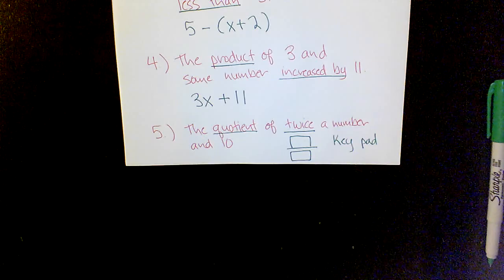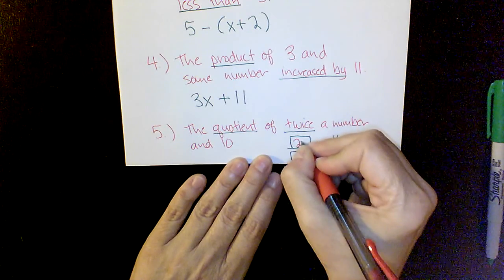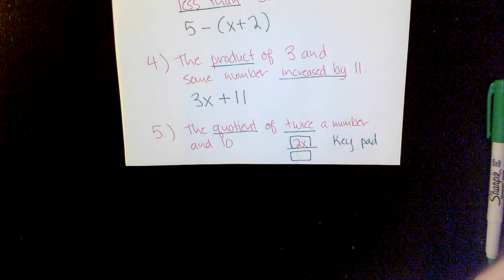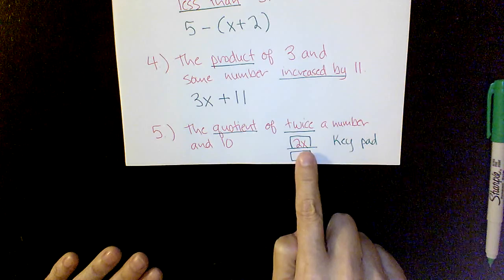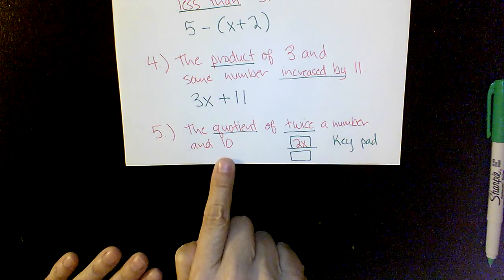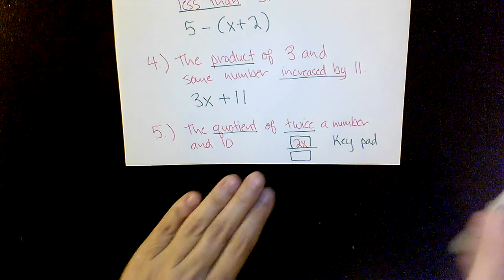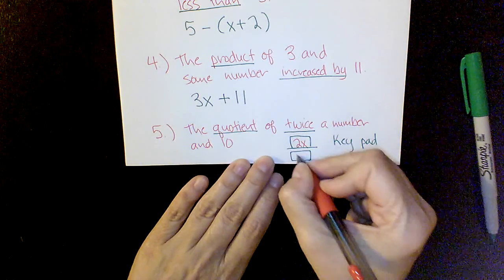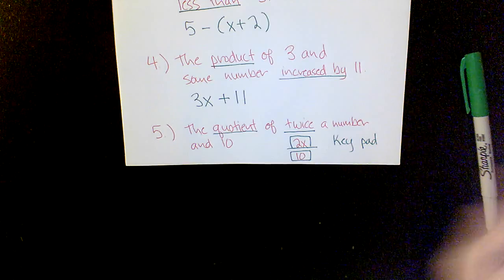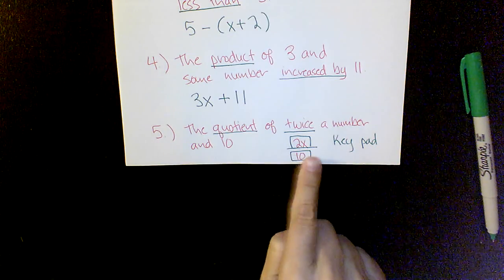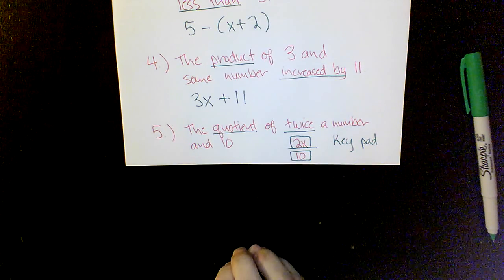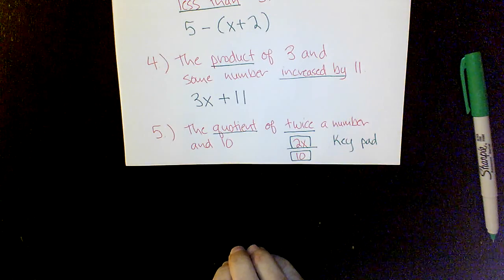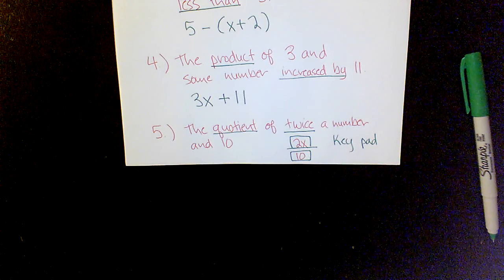So I'm going to put this in the top. I'm going to say 2x on the top. The quotient of twice a number, that's my 2x, and 10. So 10 is going to go in the bottom. So I'm dividing 2x and 10. So it's 2x over 10. And just leave it like that. You don't have to reduce it or anything. And that's how you would input it into Hawks.